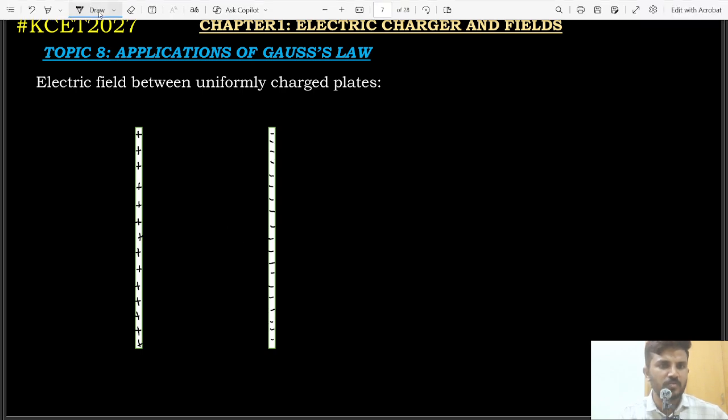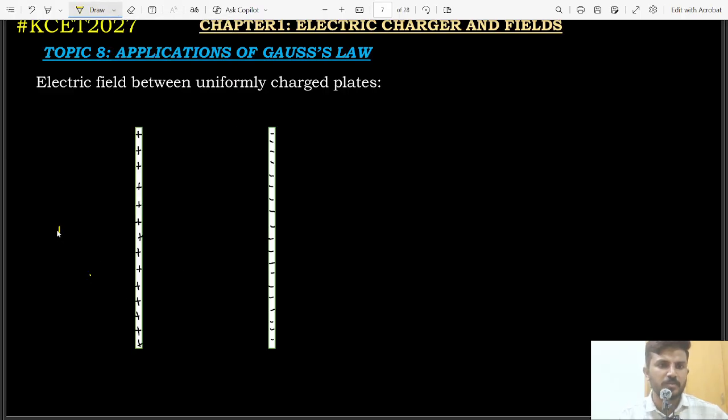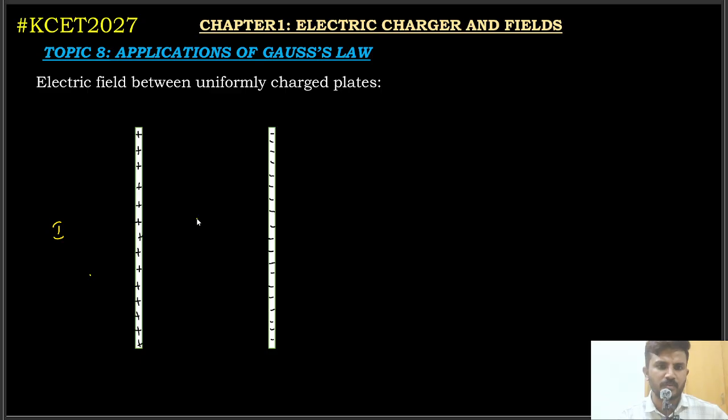Now what is the electric field between these two plates? Let me consider region 1, region 2 and region 3. In region 1 and region 2, the electric field is negligible. There will be some electric field, but it is very small, so we consider the electric field to be 0 here and here.